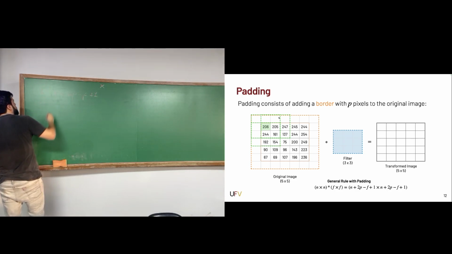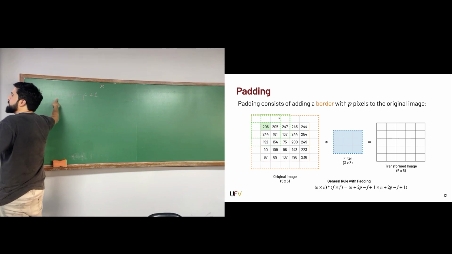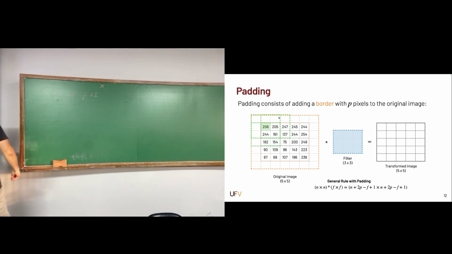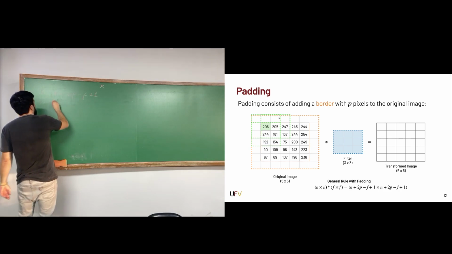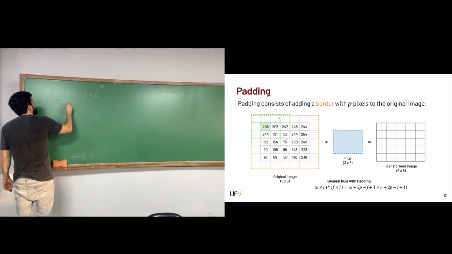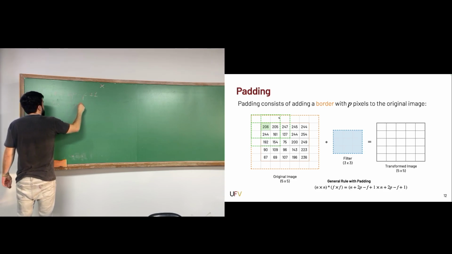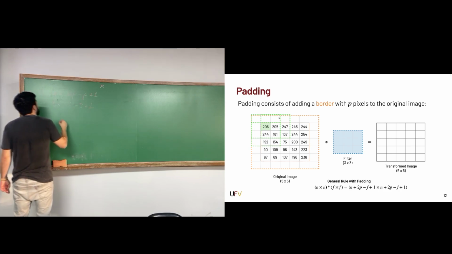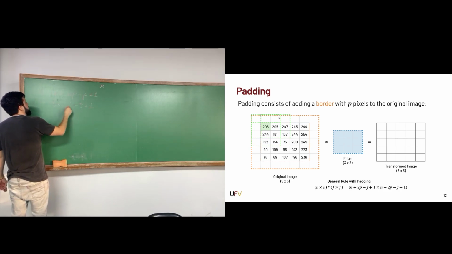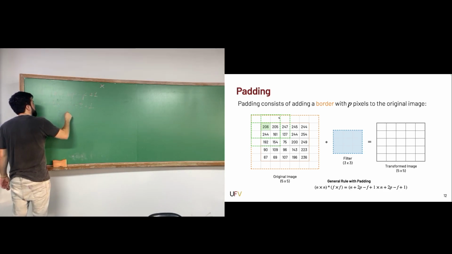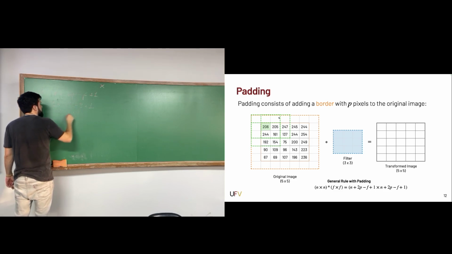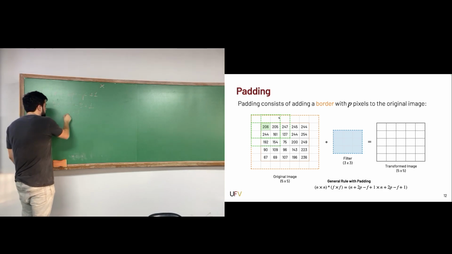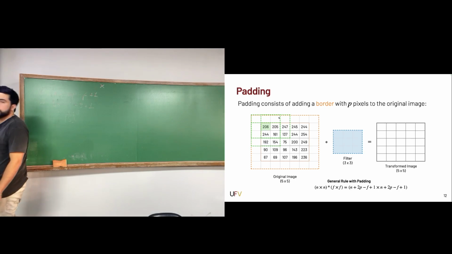It's going to be the same, right? Which in this case, height is 5 plus 2 times p, p is 1, minus f, f is 3, plus 1, right? So this is 7 minus 3, 4, plus 1. So this is 5, right? So this is exactly what we got here.